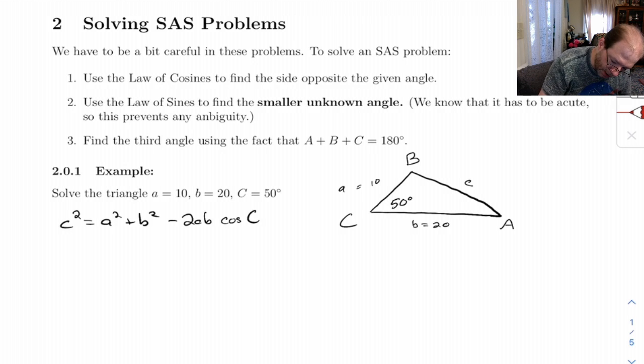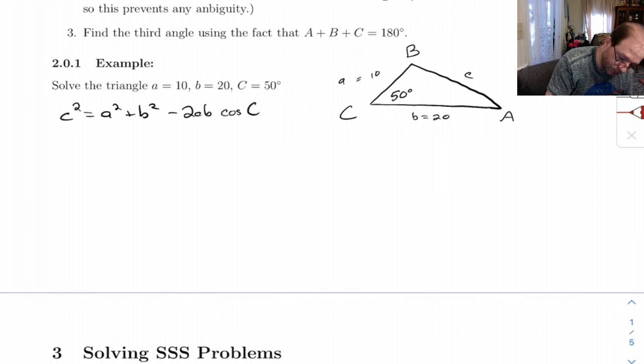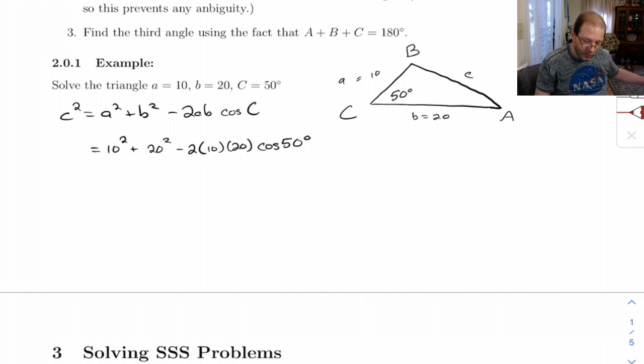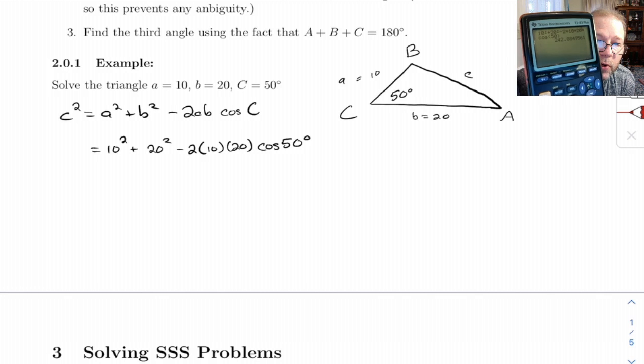All right, so a squared plus b squared... I've just got to work that out, and I'm going to do that all in one step on my calculator. Let's see, 10 squared plus 20 squared minus 2 times 10 times 20 times cosine 50. I put all of that in just one big step, and I get 242.88 something.